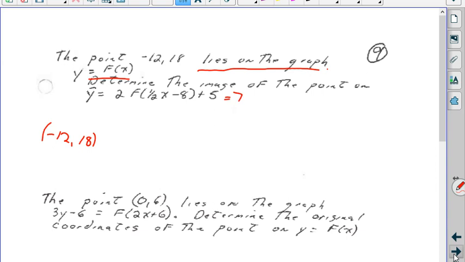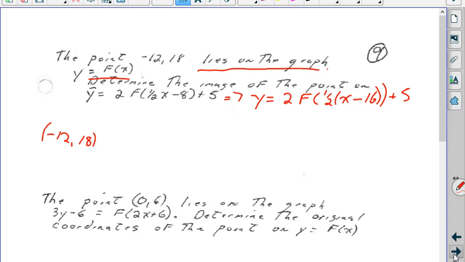Now, before I go ahead and figure out my transformations, let's make sure that this is written in the proper form. We go to common factor of 1/2. Close my bracket twice and add 5.